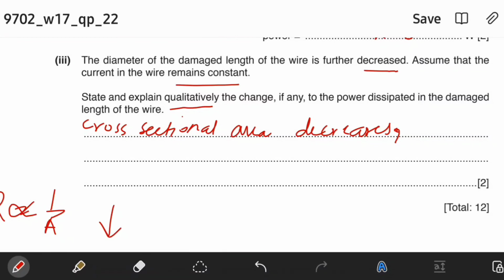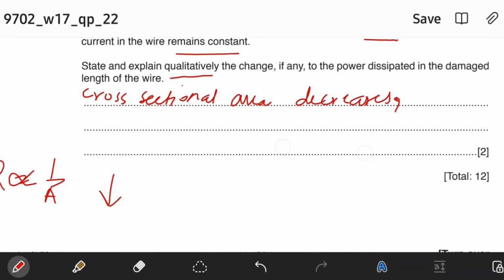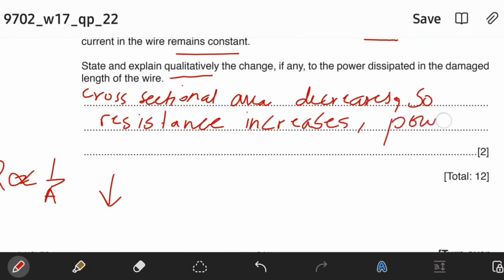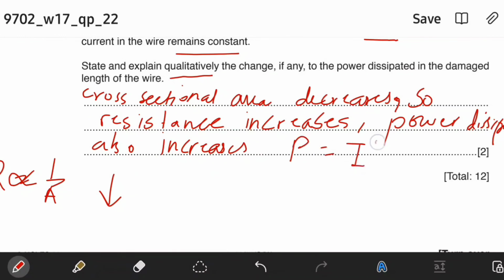So cross-sectional area here is decreasing, so resistance increases, and hence power dissipated also increases by this formula. Power is equal to I square R.